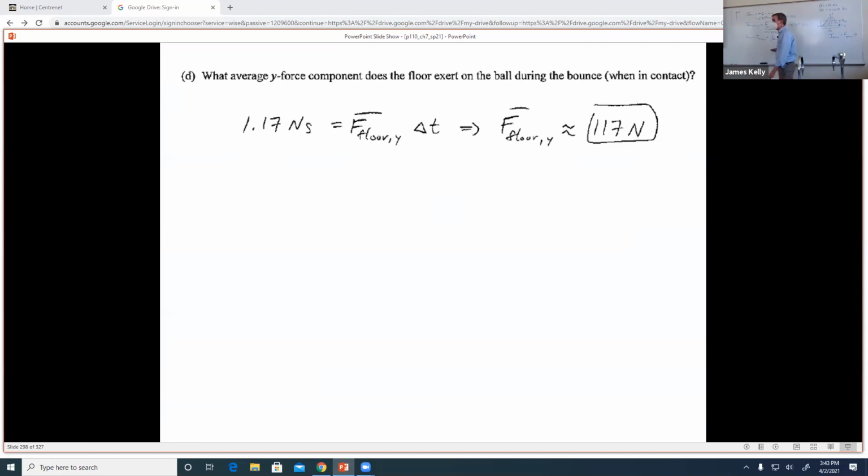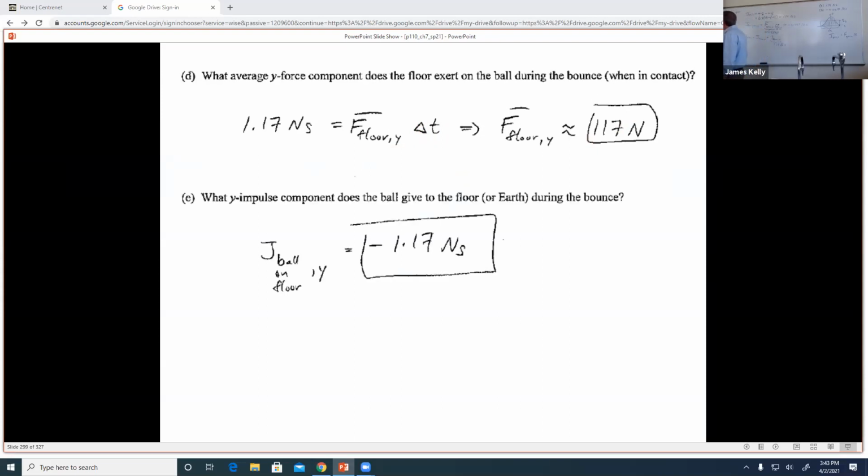So if we know the impulse and we know the delta t, we can divide out to get the average floor force. Again, it's complicated because the floor force was essentially zero, then it got really big, and then it went down to zero again. So it's a non-trivial average that we're getting here without actually having to think about averaging anything else. So just dividing by delta t, which was 1/100th. When you divide by that, it multiplies it by 100.